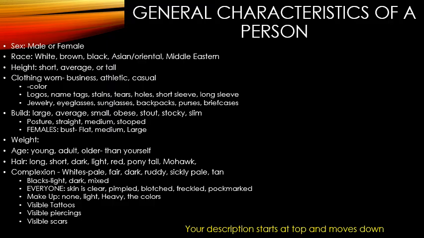For blacks, it's light, dark, mixed. For everyone, skin is clear, pimpled, blotched, freckled, or pockmarked. Makeup, none, light, heavy, or the colors you're using. Any visible tattoos, any visible piercings, any visible scars. So your description needs to start at the top and move down a person's body.